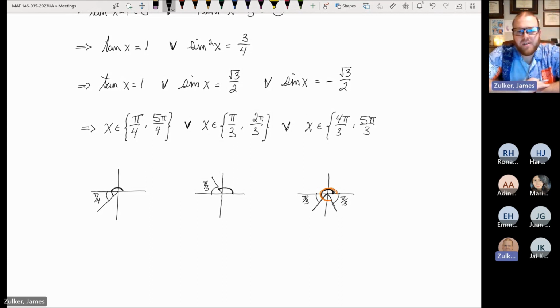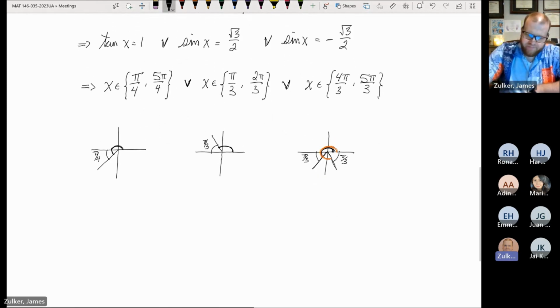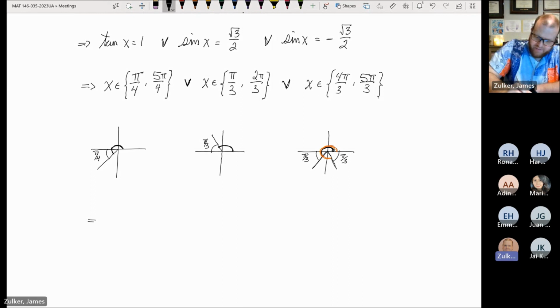Which is 5 pi over 3. Okay. Now we have tangent.